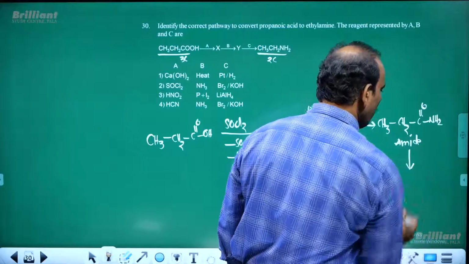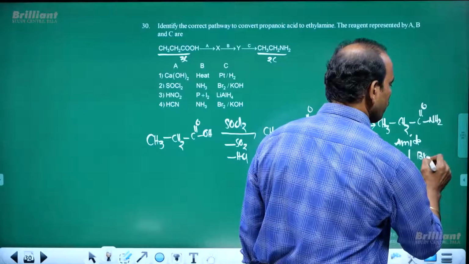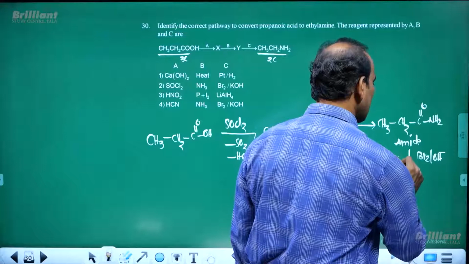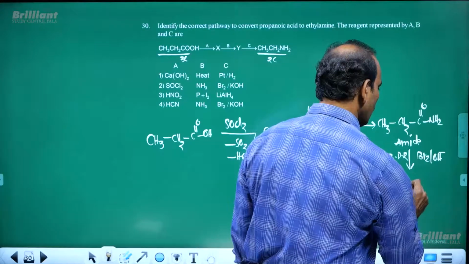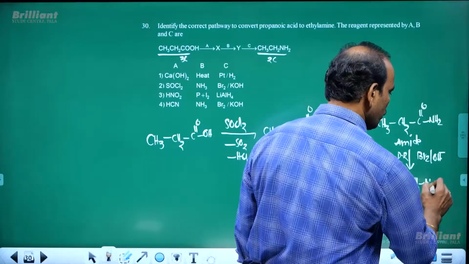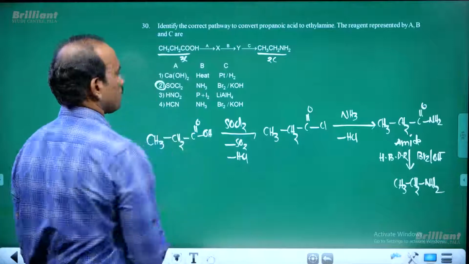This is treated with Br2 in the presence of OH, Hofmann bromamide degradation reaction. We get one carbon less, CH3CH2NH2. So what is the option for this one? This is clear.